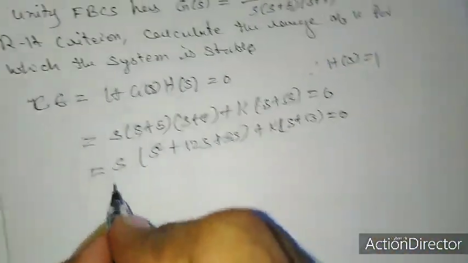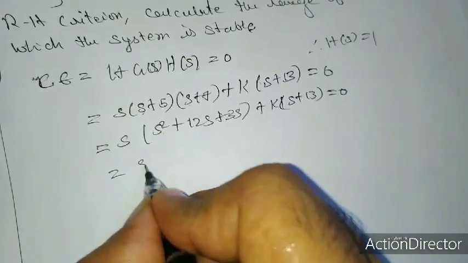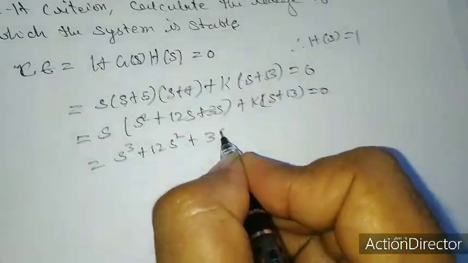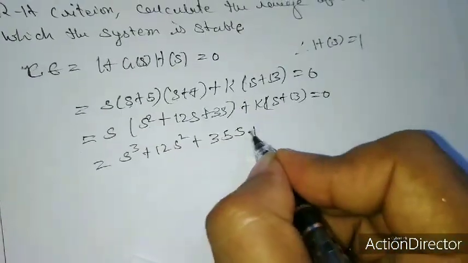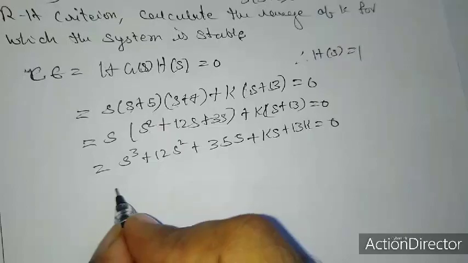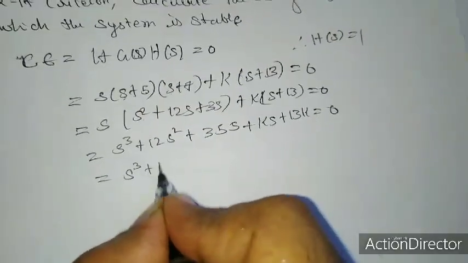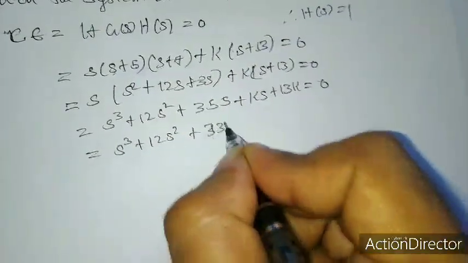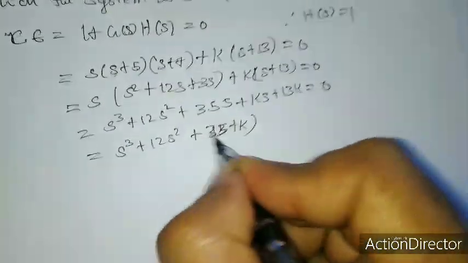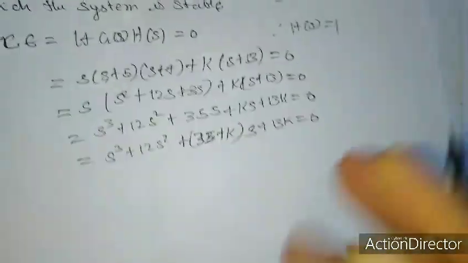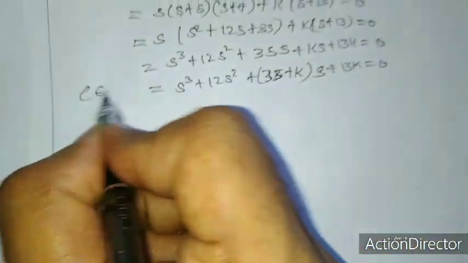So s cube plus 12s square plus 35s plus ks plus 13k equal to 0. Taking s common, s cube plus 12s square plus 35 plus k into s plus 13k equal to 0. So this is my characteristic equation.